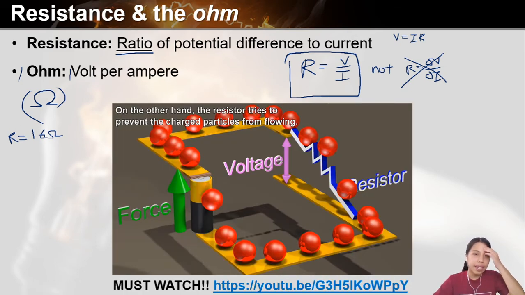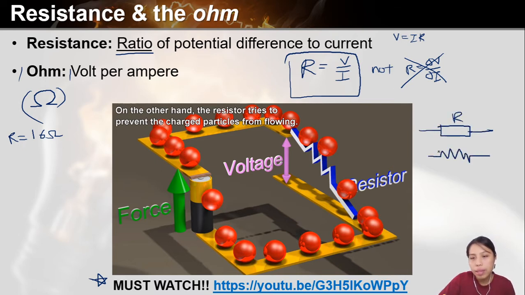So if you have a resistor in a circuit, remember this picture? There's more must-watch videos here that I'm going to add, very good animations here. If you have that resistor, you see that lumpy thing? That is a symbol for a resistor. The other symbol is just a box, or it can be the lumpy one. When your charges are trying to move, they come across this bump here and find it hard to move.